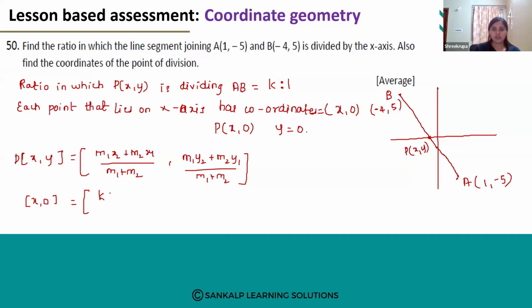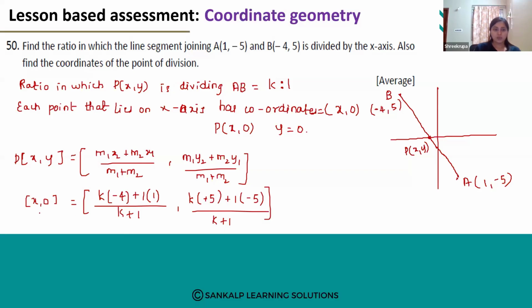So x2 is -4, m2 is 1 and x1 is 1, divided by k plus 1, comma, m1 is k, y2 is, sorry, y2 is plus 5, and m2 is 1, y1 is -5, divided by k plus 1.